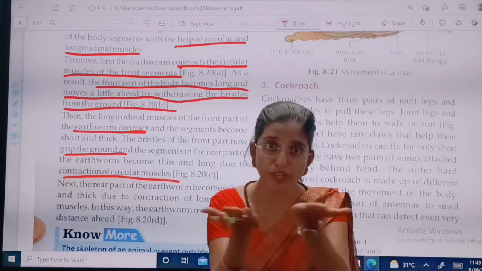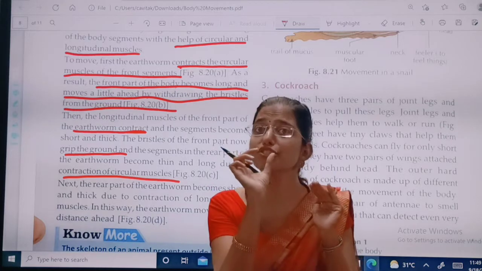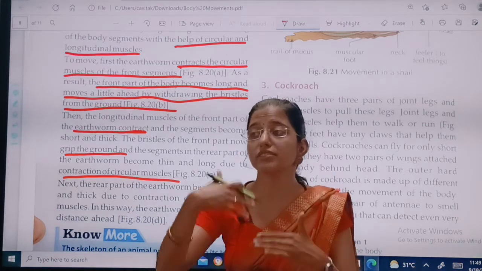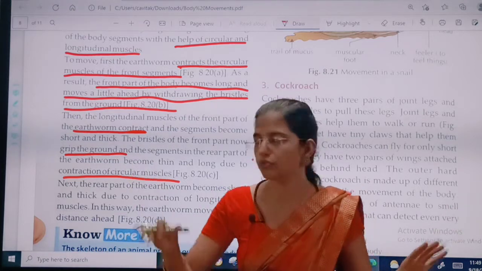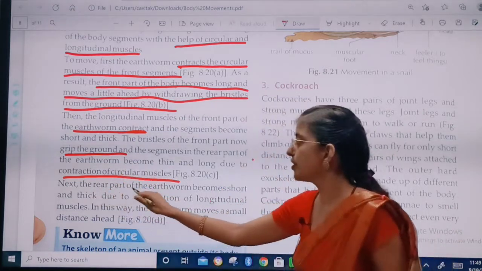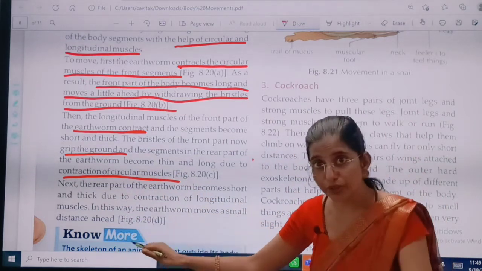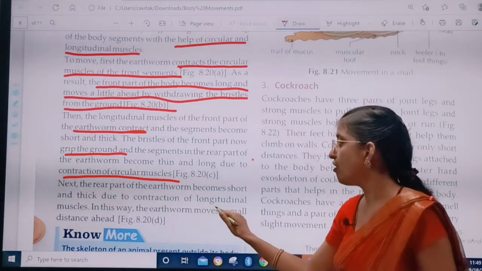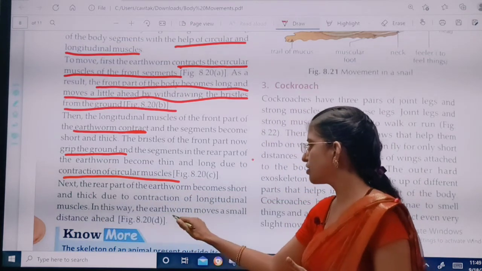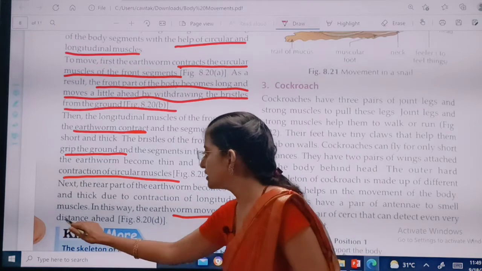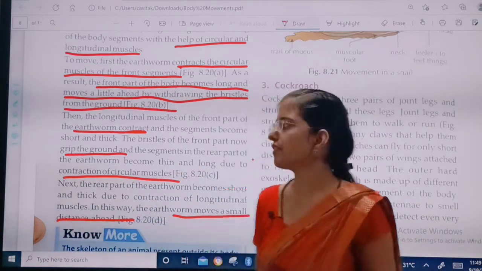When longitudinal muscles contract, the segments become thick and short. First the front part moves, then the backward part moves. Now the rear part of the earthworm becomes short and thick due to contraction of longitudinal muscles. In this way, the earthworm moves a small distance ahead. And in this way the earthworm covers a little distance.